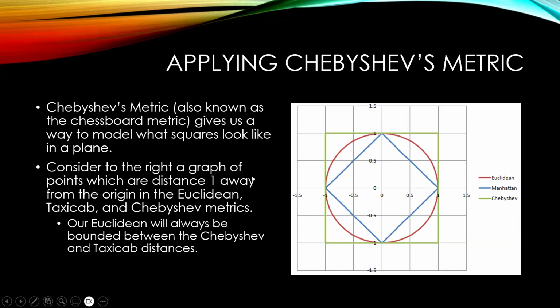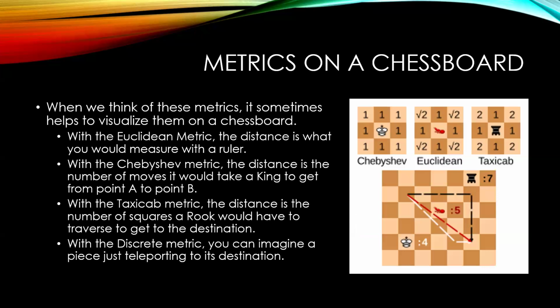Consider to the right a graph of points which are distance 1 away from the origin in the Euclidean, taxicab, and Chebyshev metric. Our Euclidean will always be bounded between the Chebyshev and the taxicab distances. And the Chebyshev distance, in particular, gives us this nice square shape. The reason why it's called the chessboard metric is because of what happens on a chessboard.